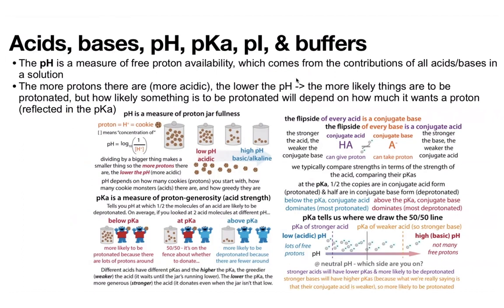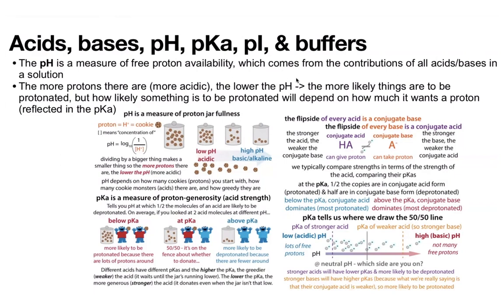If you have more bases around, they're going to be taking up those protons, so there are going to be fewer free protons available. You're going to have a higher pH, a more basic solution. So the more protons there are, the lower the pH, and the more likely things are to be protonated. No matter what we're talking about, at a lower pH, things are more likely to be protonated than they would be at a higher pH.